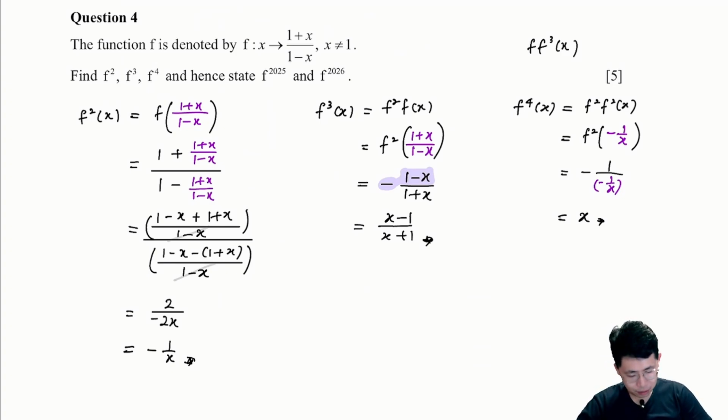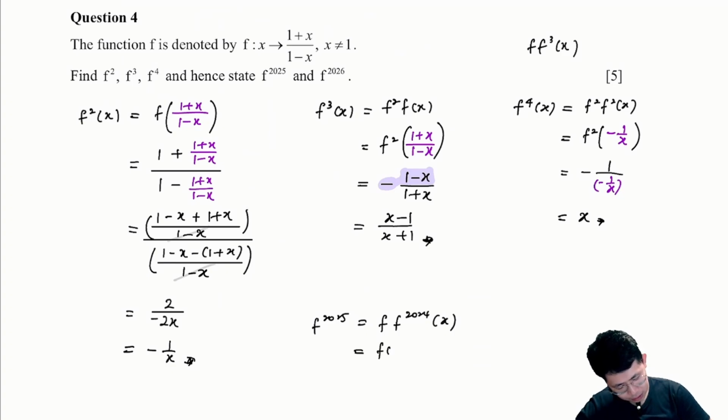Now, let's take a look at the next one. We're going to find f of 2025 and f of 2026. So f of 2025 is actually equal to f of f of 2024 of x. So this is actually still equal to f of x. So over here, this will be equal to 1 plus x over 1 minus x.